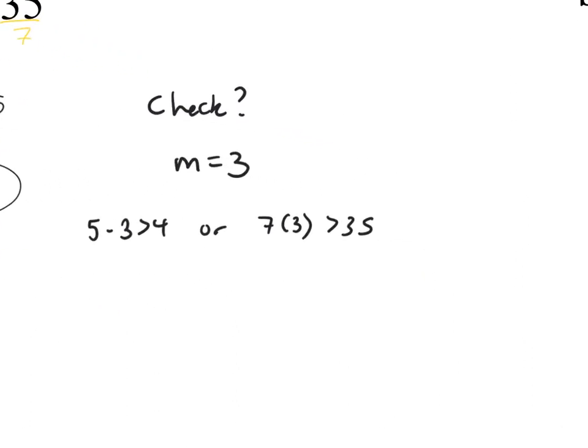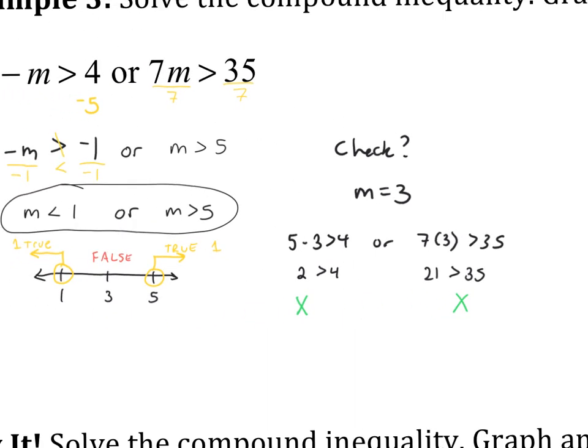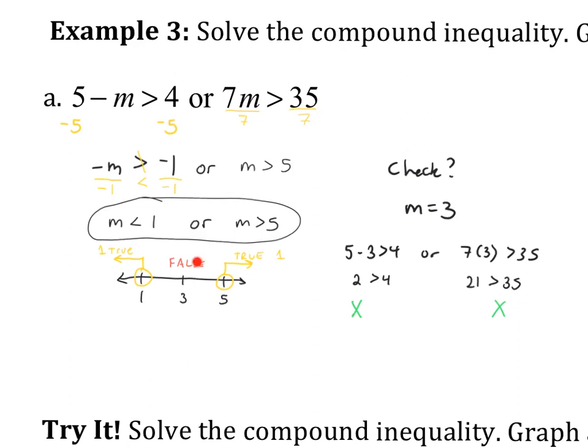So let's continue here. Now that I've put those in, I get 2 is greater than 4, which we know is false. We expected that. And then over here, we get 21 is greater than 35, which is false. We expected that. So our check is actually good, even though we got falses, because we expected 3 to work for neither one of them.